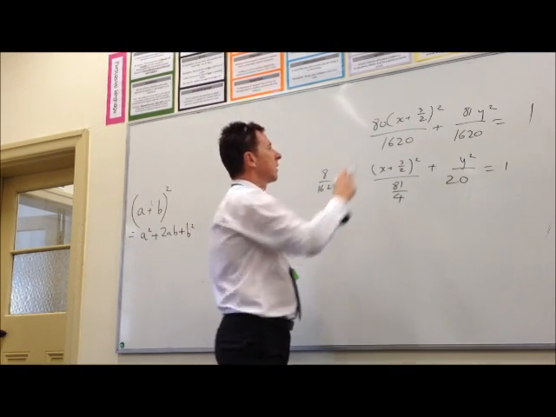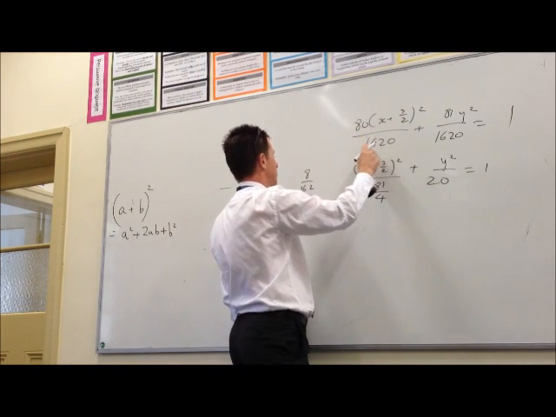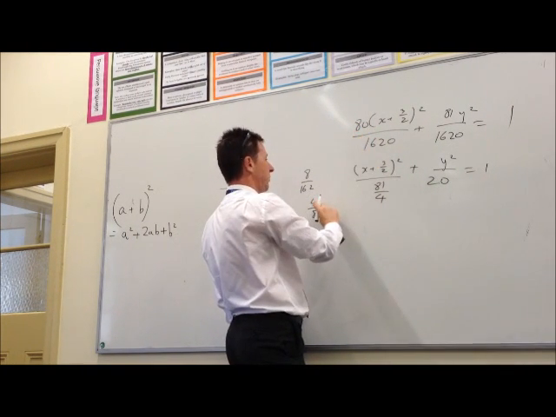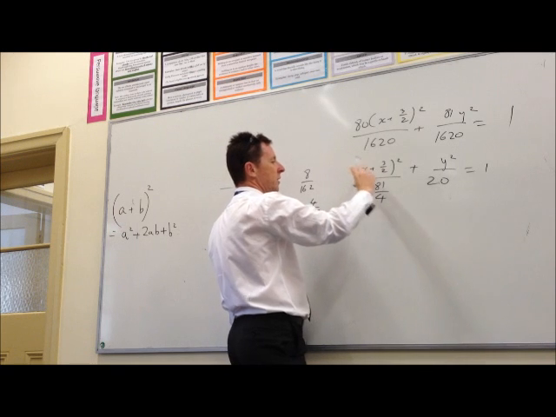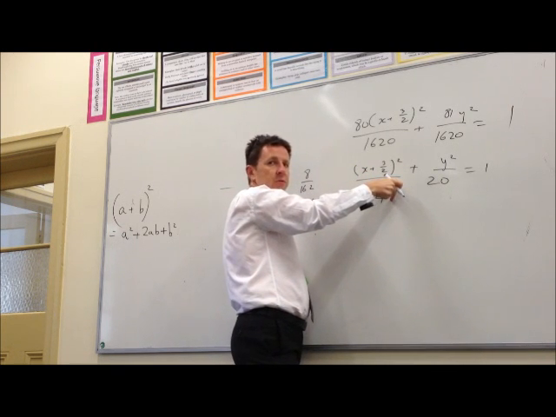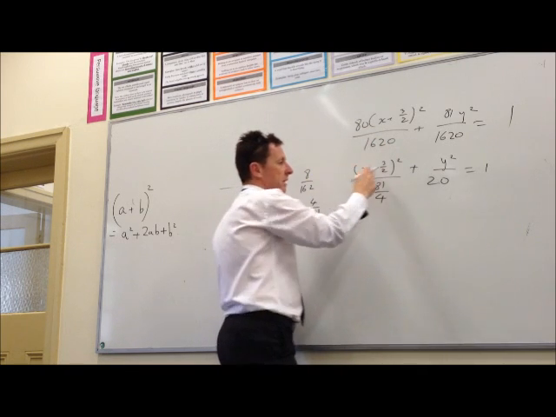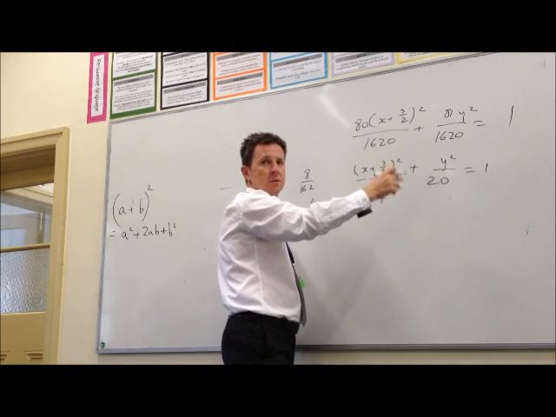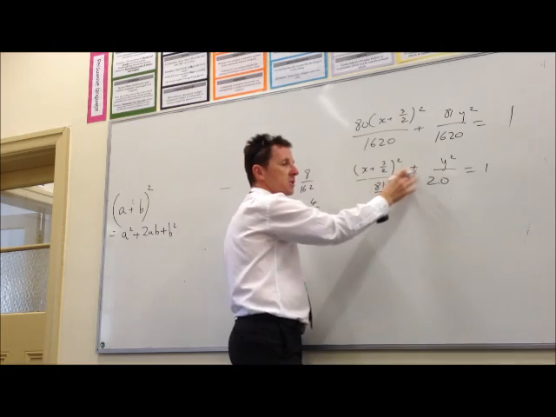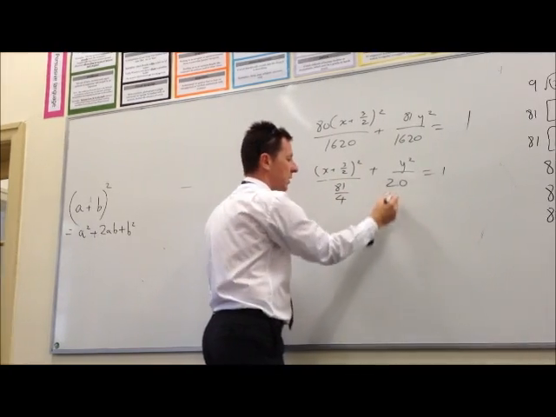True? I cancelled the 2's, I divided by 2, so that's 4 over 81. So 4 over 81 is the same as dividing by 81 over 4. The reason I've put it like that, you said it was an ellipse. That's the form of an ellipse. X squared on something plus y squared on something equals 1.